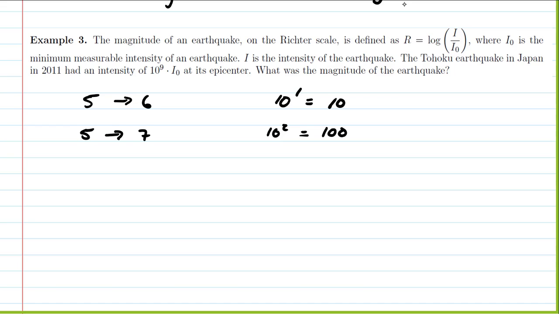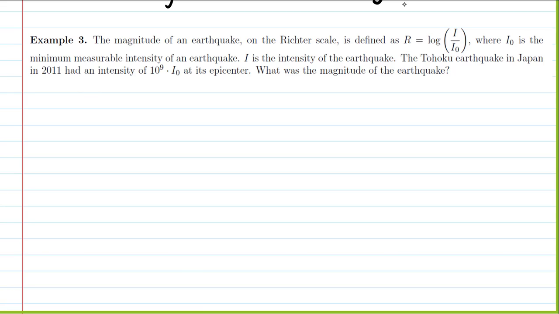So when we're talking about things like Richter scale or pH, we need to be aware that we're using a logarithmic scale. And that makes changes that are very big seem very, very small, right? So a change from a 5 to an 8 would then be 1,000 times as intense. So each time the Richter scale increases by 1, you're getting an earthquake that is 10 times as intense because it's measuring the change on the exponent.